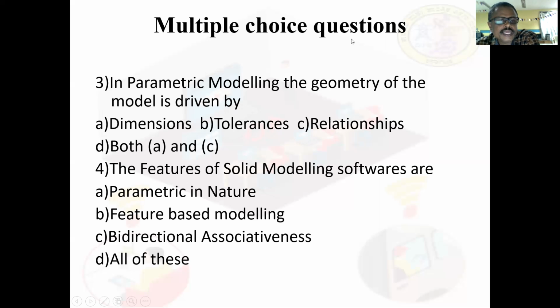Suppose you change the assembly model, then you can expect the changes in the part model also. So the answer is all of these. Nowadays, all the solid modeling softwares provide all these capabilities. Hence, the answer is all of these: parametric in nature, feature-based modeling, and bidirectional associativeness.